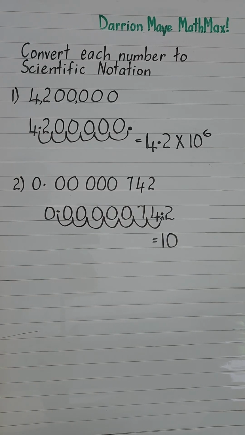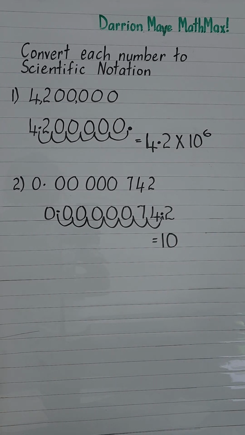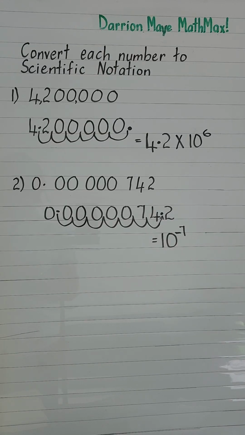And remember, we said in scientific notation the base is always 10. And in this example, we move the decimal point 1, 2, 3, 4, 5, 6, 7 places to the right. 7 places to the right. And because the original number was less than 1, the exponent is negative.